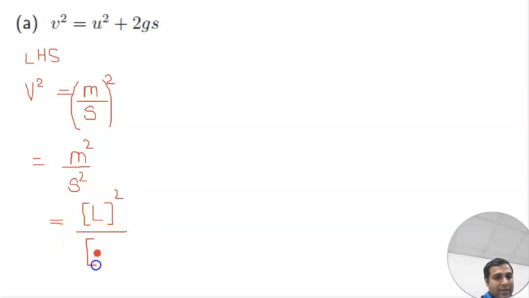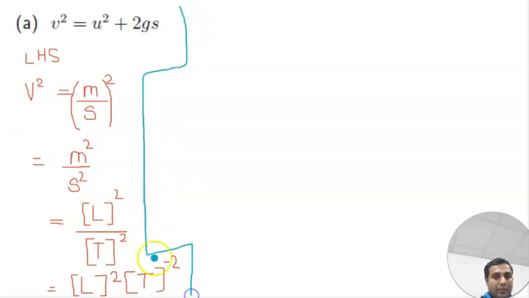Second is time, so time square. If I simplify that, that will become L square T to the power minus 2. So these are the dimensions for my left hand side.